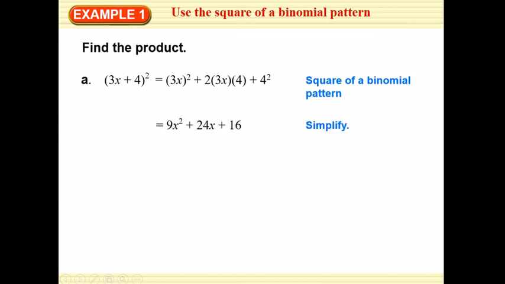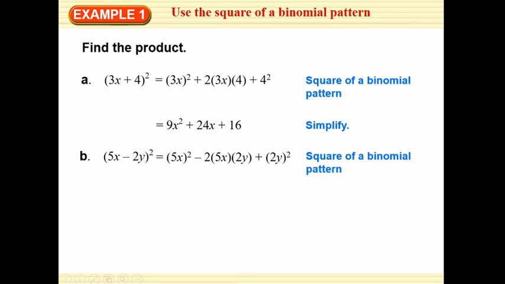Find the product. So instead of expanding, I'm going to square my first term, square my second term, multiply them together, and double it, which gives me 9x squared plus 24x plus 16. Alright, next example. 5x minus 2y squared.